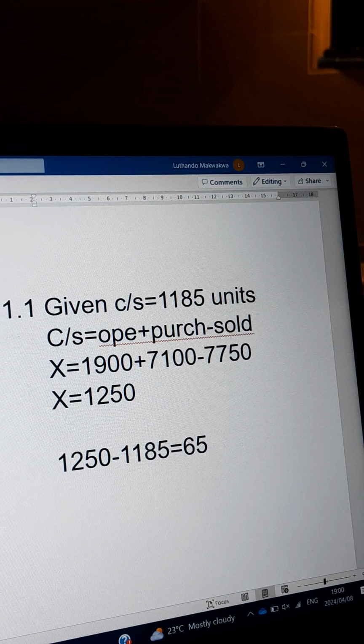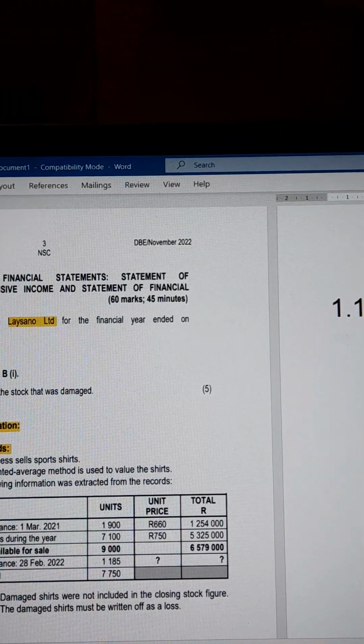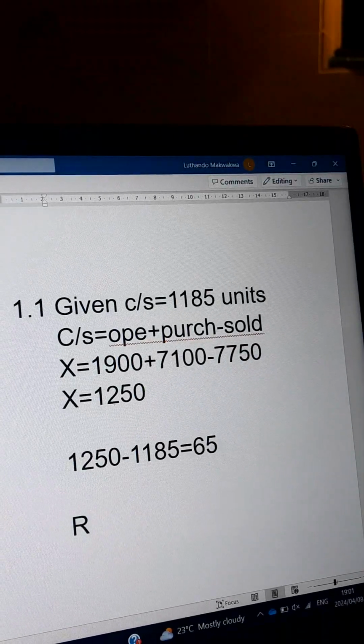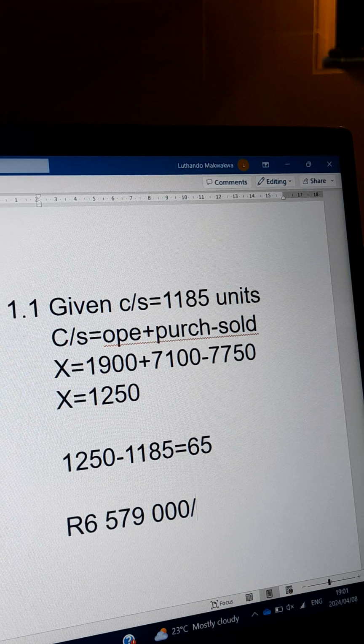After that, we need to use WAM to calculate the weighted average rate. We're going to take the opening balance in terms of the monetary value, which is 1,254,000 from that table, plus 5,225,000, which will give us 6,579,123, divided by the 9,000 that we calculated.